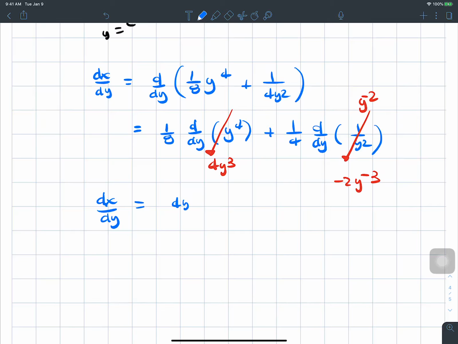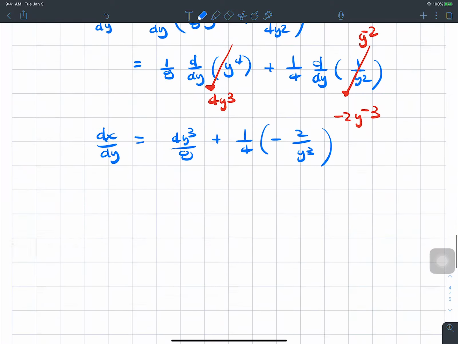So we get 4y cubed over 8 plus 1/4 times a negative 2. Let's actually write this as negative 2 over y cubed. So we get this dx/dy: 1/2 y cubed minus 1 over 2y cubed. All right, this is what we get. 1/2 y cubed minus 1/2, okay.